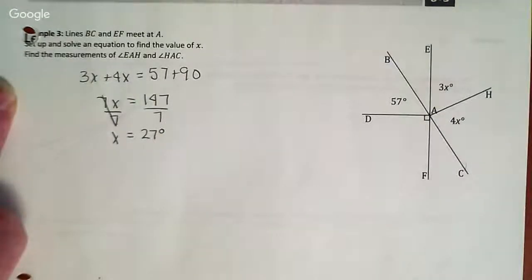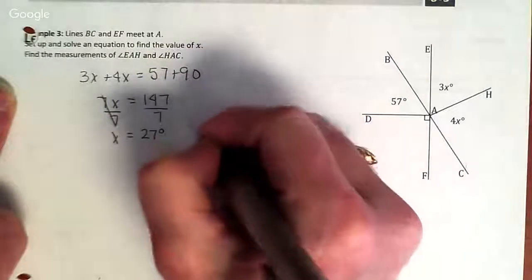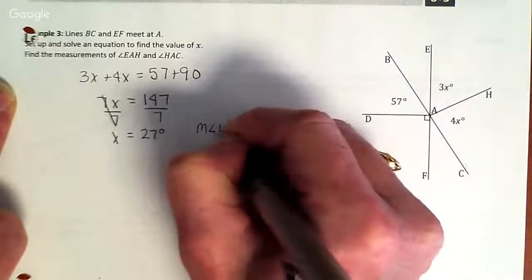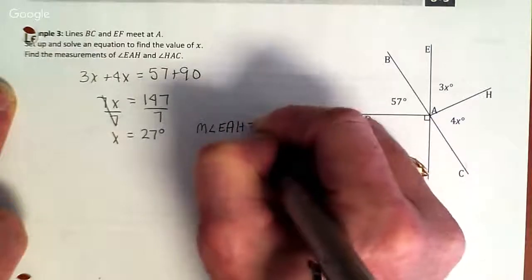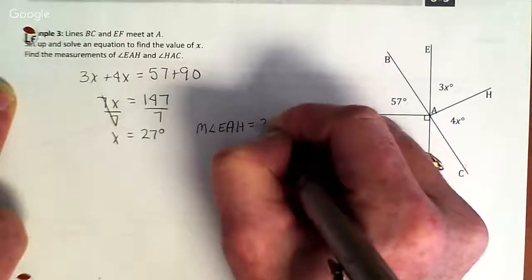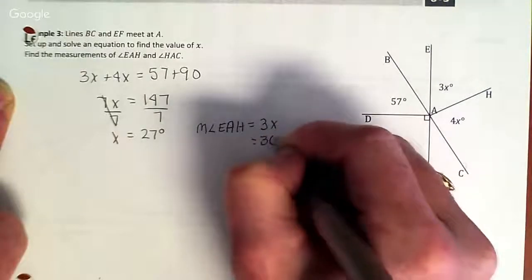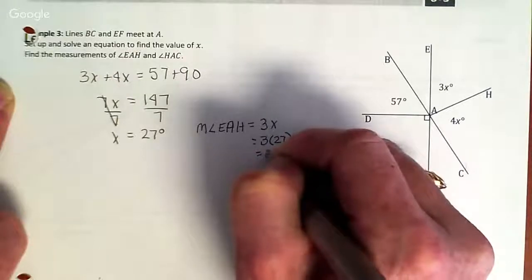So now to find the measurement, I'll do it over here. The measurement of angle EAH, which is 3x, equals 3 times 27. That angle is going to be 81 degrees.